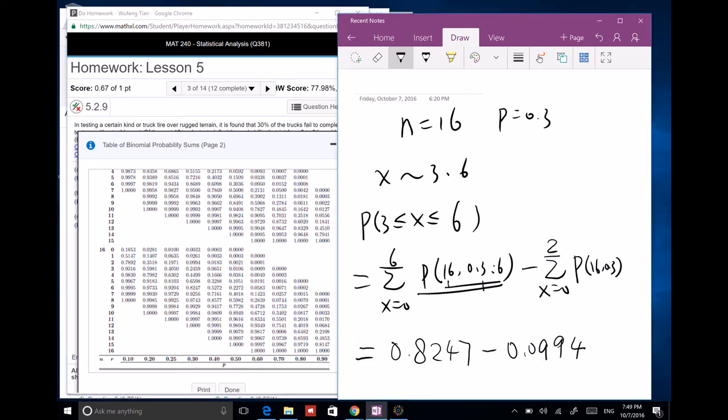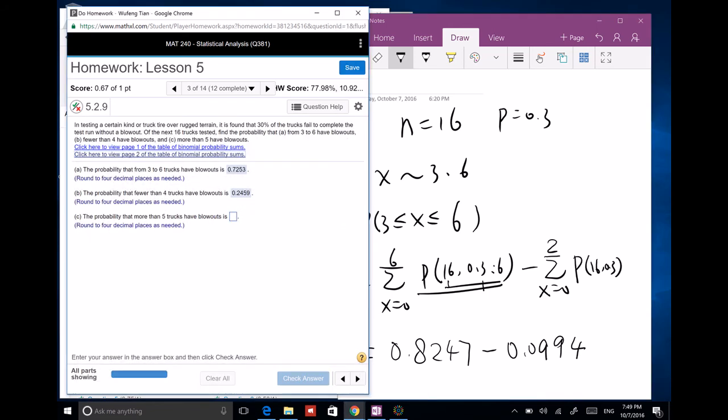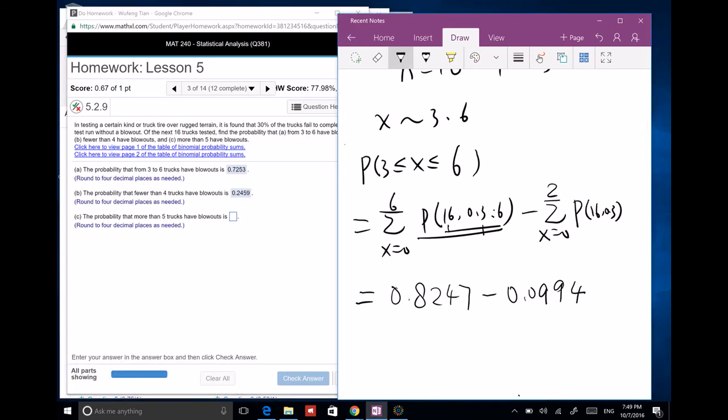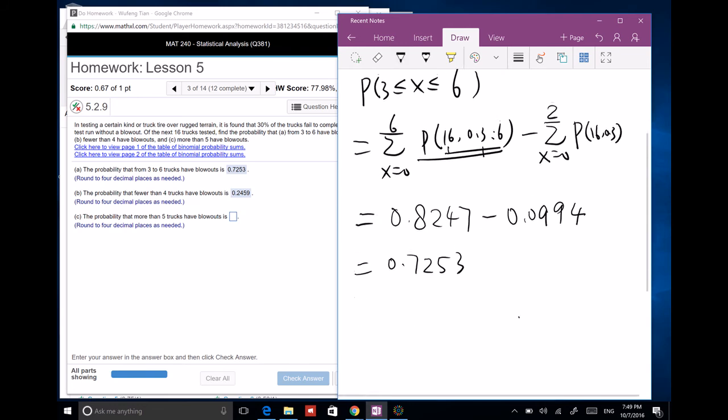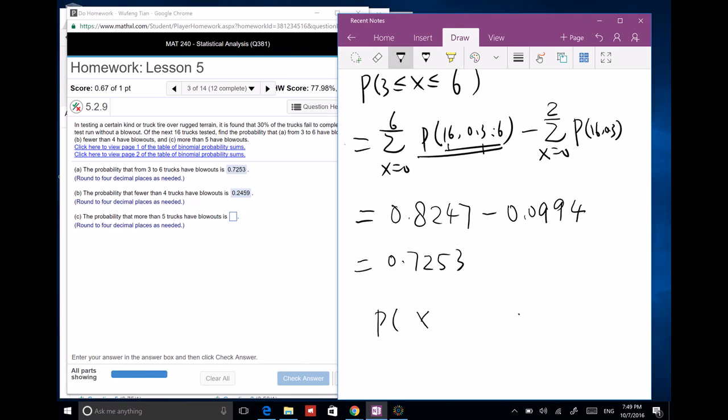Okay, then if we subtract, it's going to equal 0.7253.